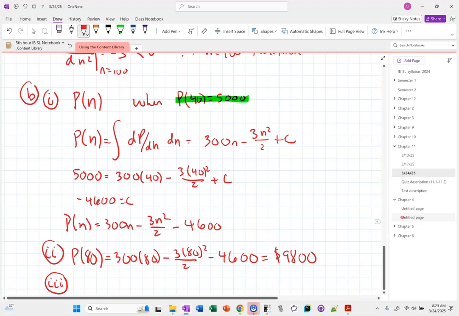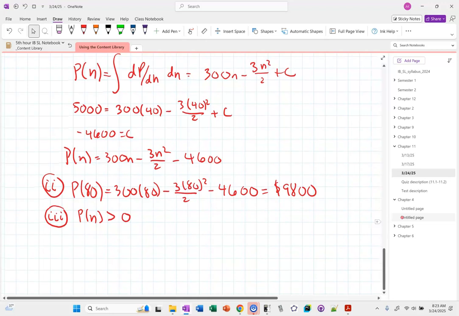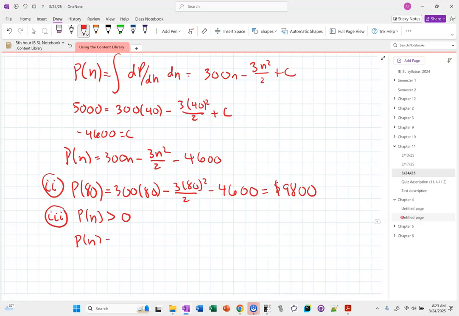So part I asks to find the least number of chairs that must be sold in order to make a profit. So when is there a profit? When the profit is greater than 0, right? So all I'm going to do is solve P of n equal to 0.